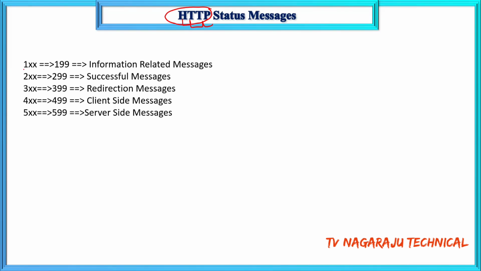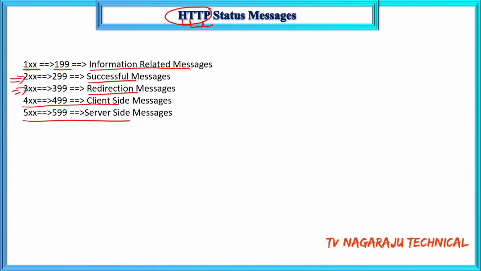If the message starts with 1, for example, 100 up to 199, the server displays some message. All those messages are information related messages. If the series is this one, successful message. If the series is this one, redirection message. These are client side messages. These are server side messages.